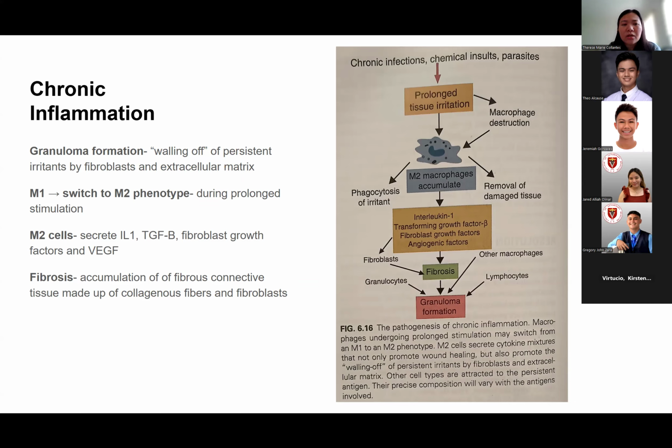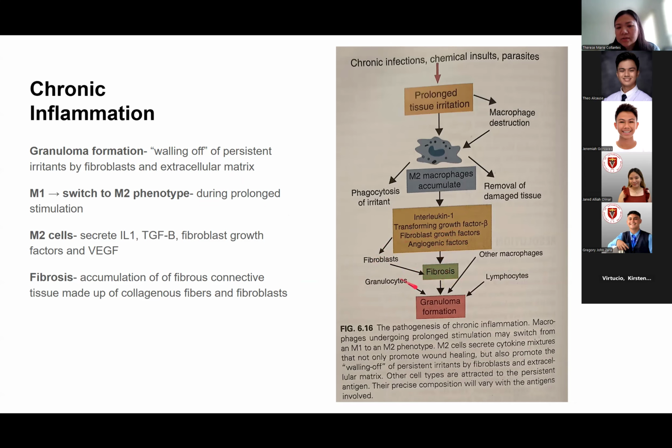It's mostly collagen, released by your fibroblasts. That is why it's called fibrosis. So these IL-1, TGF-beta, fibroblast growth factors, and angiogenic factors will stimulate the fibroblasts and will lead to fibrosis.